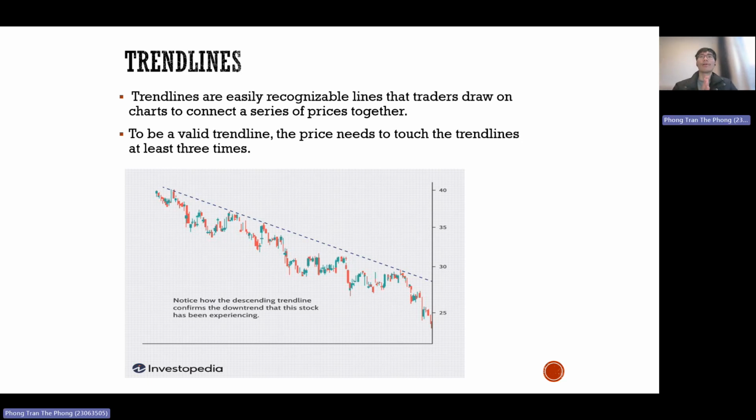There's also a very interesting characteristic of support and resistance, which is round numbers. Round numbers like 50 or 100 are usually resistance or support lines. Why?